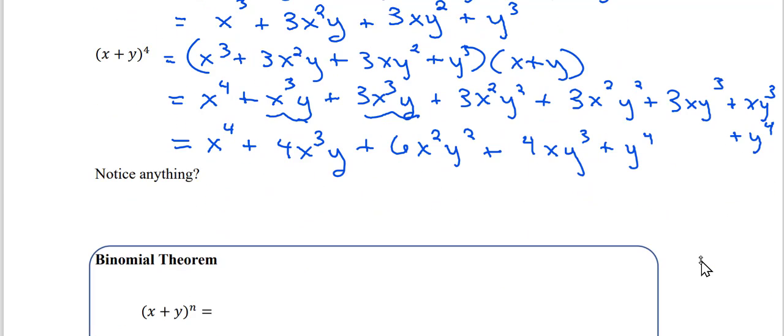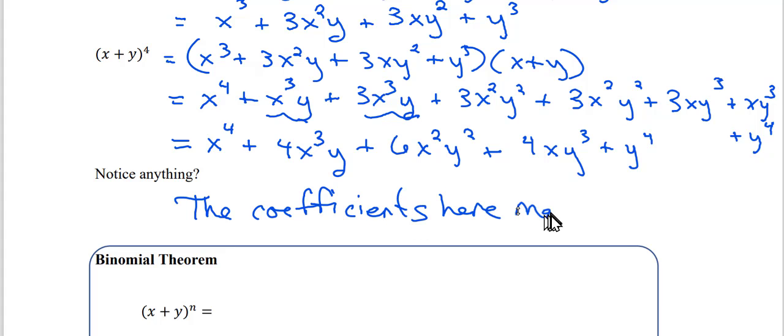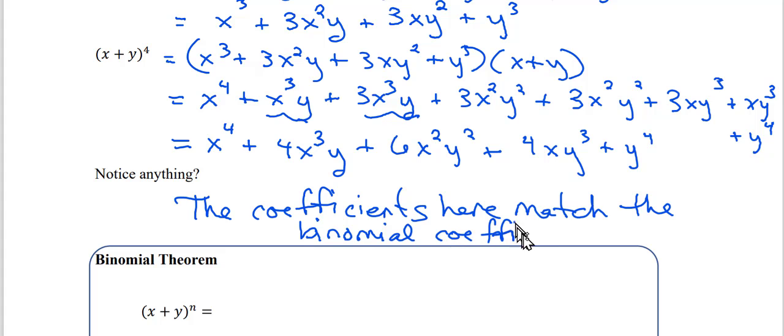That is interesting. The coefficients here match the binomial coefficients that we found.